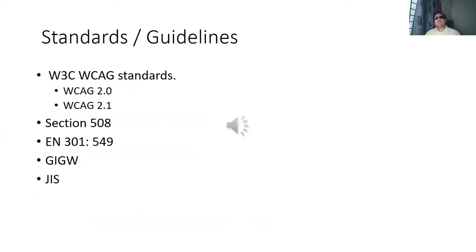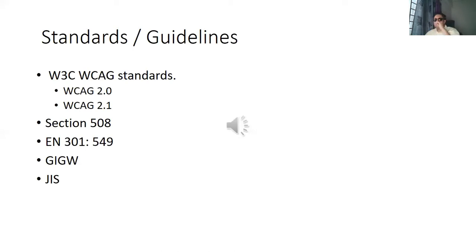Slideshow, slide 11. Standards and guidelines. What are the standards or guidelines against which you are doing the evaluation? Here are a few of such guidelines. Add if you have anything else. W3C's WCAG standards, WCAG 2.0 or WCAG 2.1.